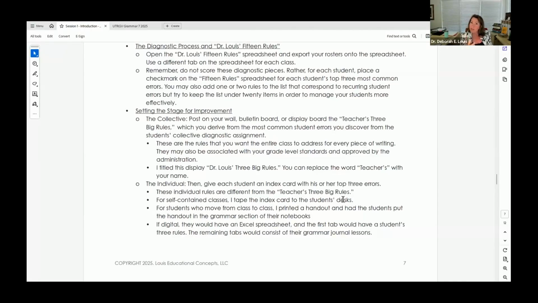But once we get them where we want them, our 3 big rules in high school are usually going to be, and for those of you who teach 8th grade, or 7th grade pre-AP, you can also add: vary your sentence openings, vary your sentence lengths, and vary your sentence types. Those are typically high school rules if we get past the comma splices, run-ons, and fragments.